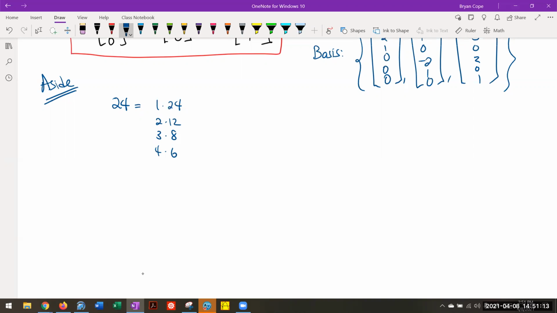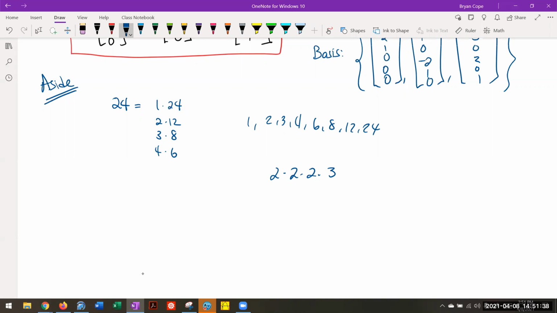So you could say in a way that the building blocks of 24 are this list of numbers: 1, 2, 3, 4, 6, 8, 12, and 24. Those are the building blocks, but what do we actually need to build 24? What are the bare bones things to build 24? 2 times 2 times 2 times 3. Do you get what I'm saying? These are members of the set of factors of 24, right?